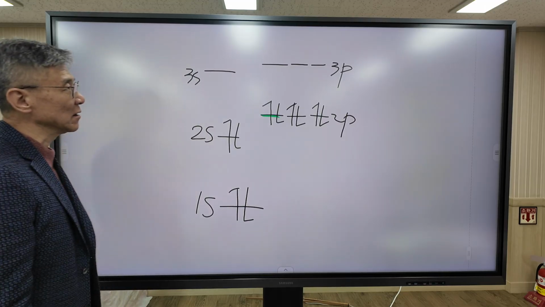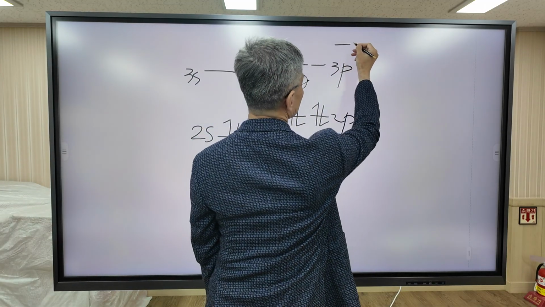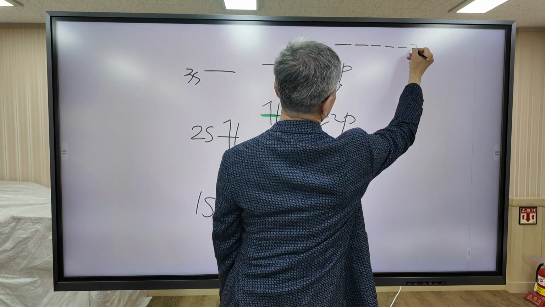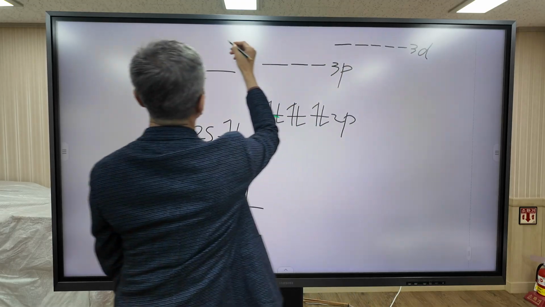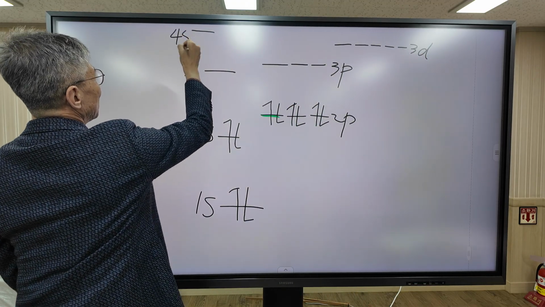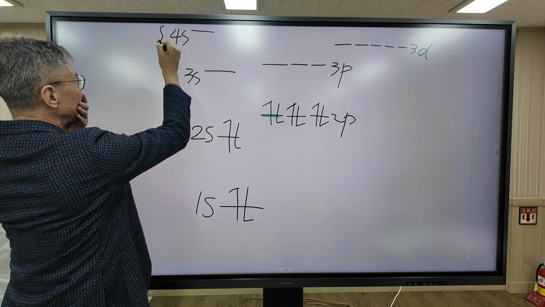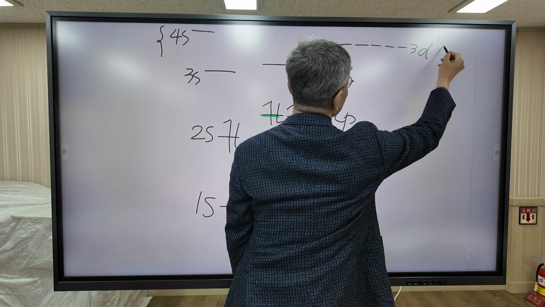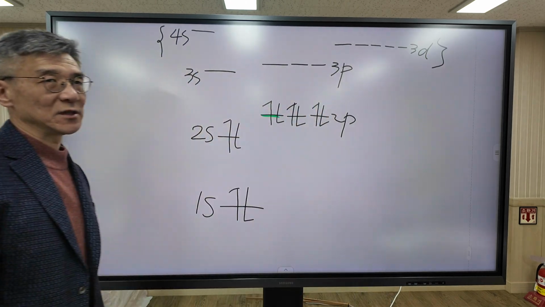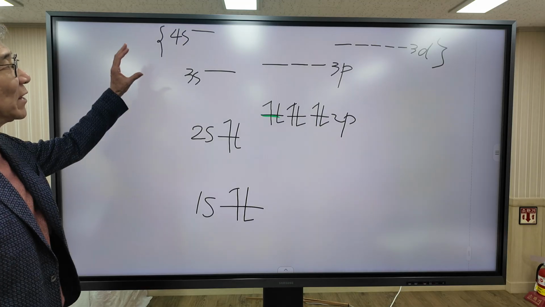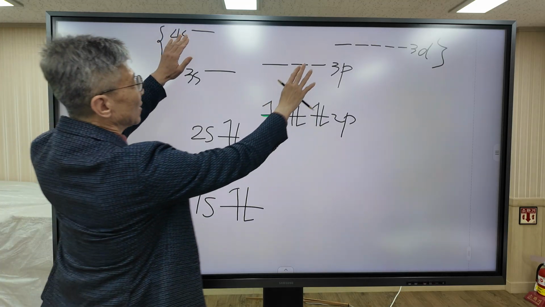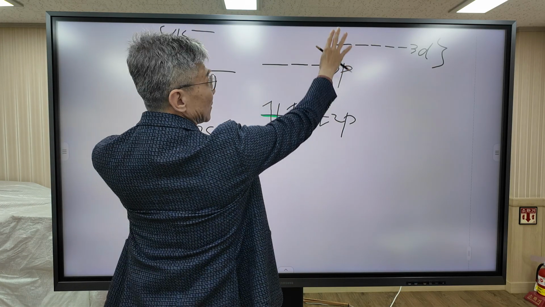And the next level is 3d. And the next level is 4s. But the 4s level and the 3d level are very close to each other. Sometimes, depending on the elements, the energy level is reversed.